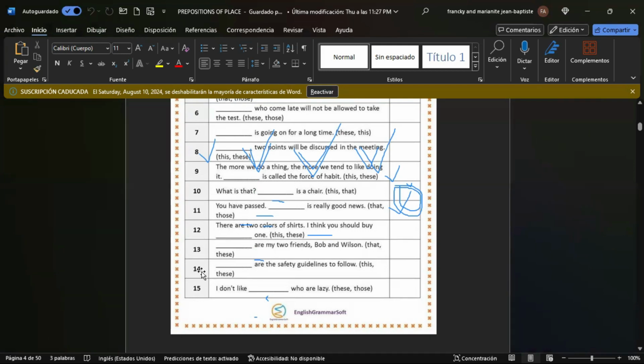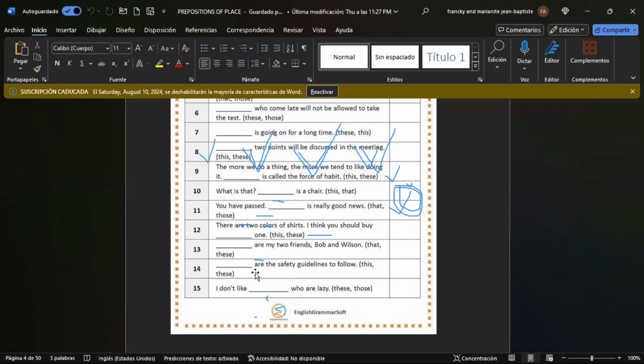Number 14. These are the safety guidelines to follow. This or these? These.